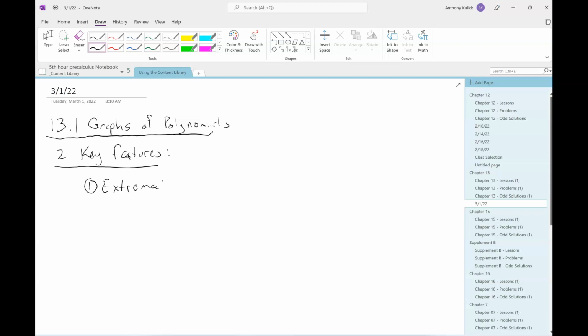What we mean by extrema is the high or low points on the graph. These high points we refer to as maxima, which is the plural of the word maximum. And the low points we call minima. Again, that's the plural of the word minimum.